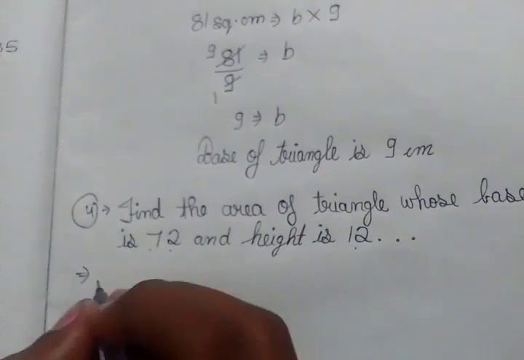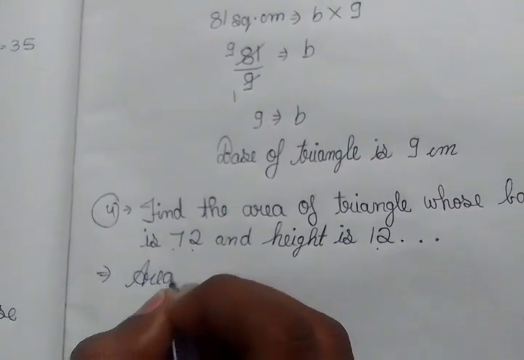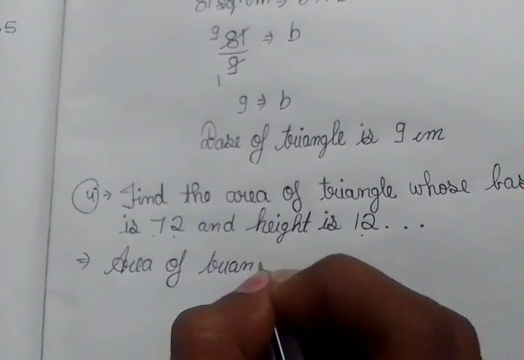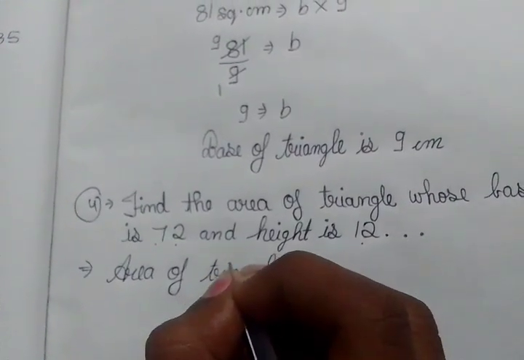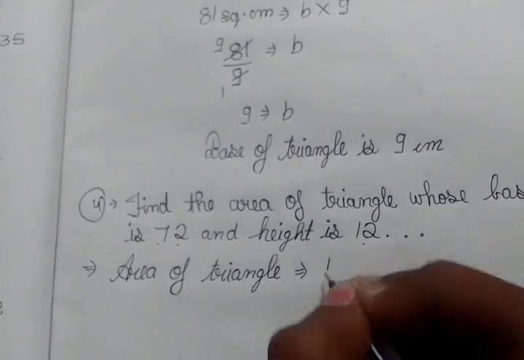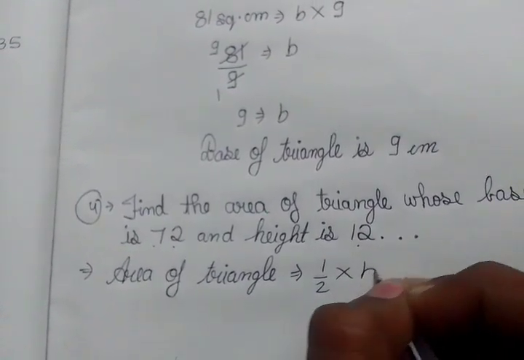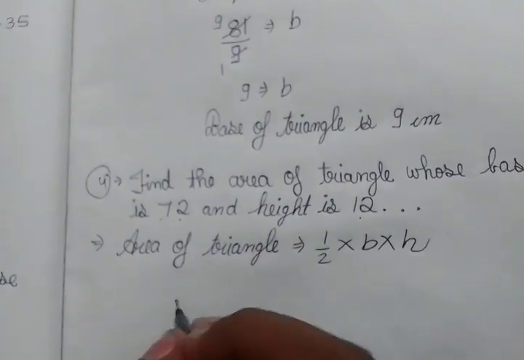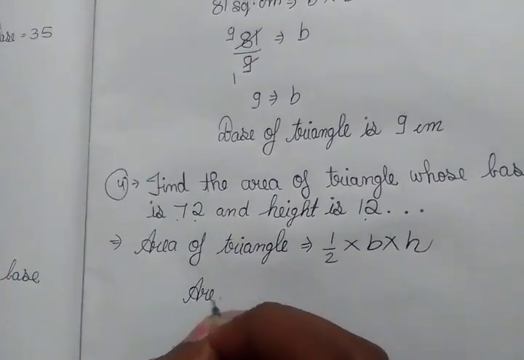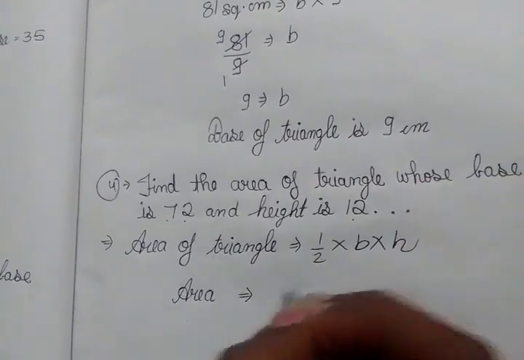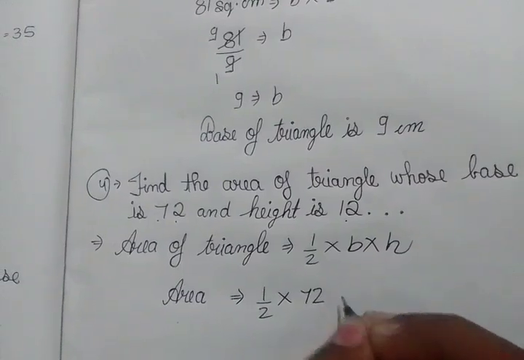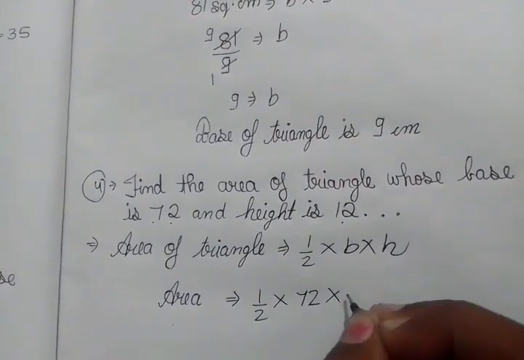So we will write the formula area of triangle equal 1 by 2 into base into height. So that we have to find the area, so here we will write area only. So 1 by 2 into the base is 72 and the height is 12.